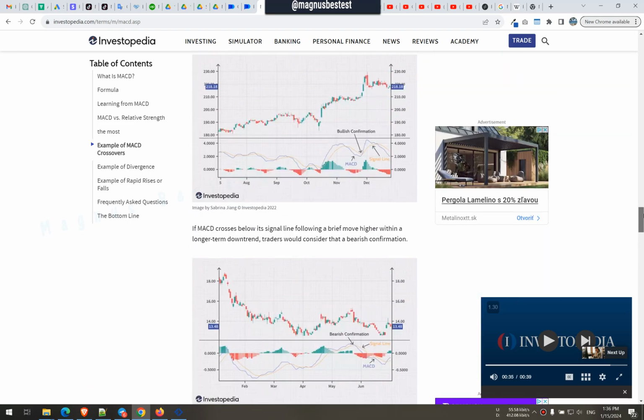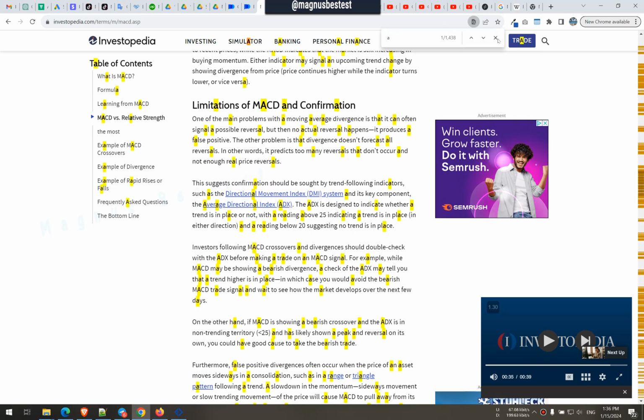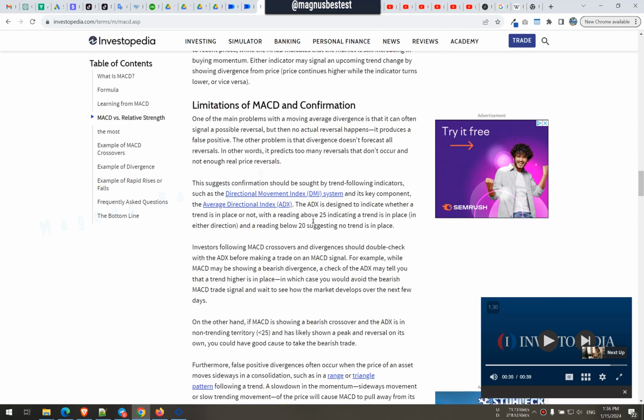What was it? ADX. They were talking about ADX. It's here. So the ADX is also a pretty useful indicator in this case, designed to indicate whether a trend is in place or not, with a reading above 25 indicating a trend is in place in either direction, and a reading below 20 suggesting no trend in place.